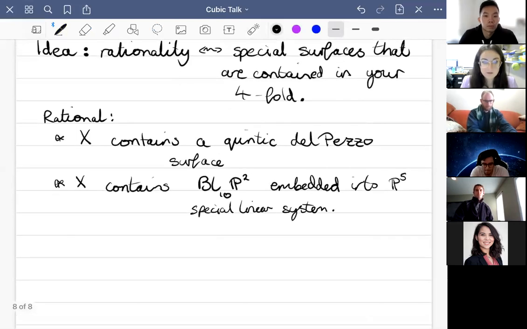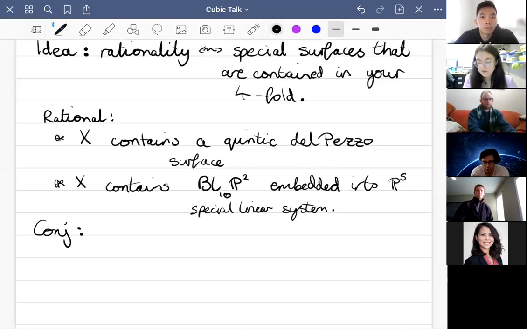So the conjecture is that rationality really depends on the surfaces that you contain. Maybe I'll just end there, because I think my time is up.